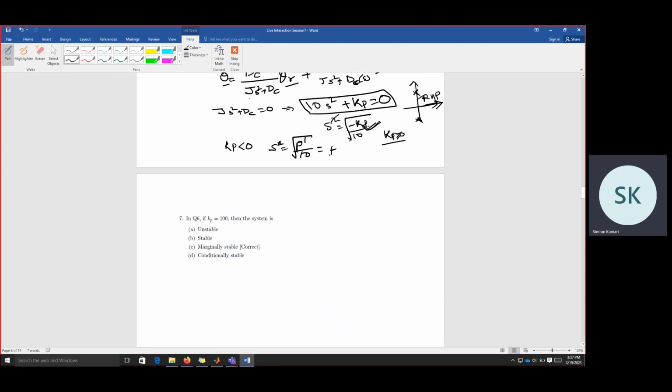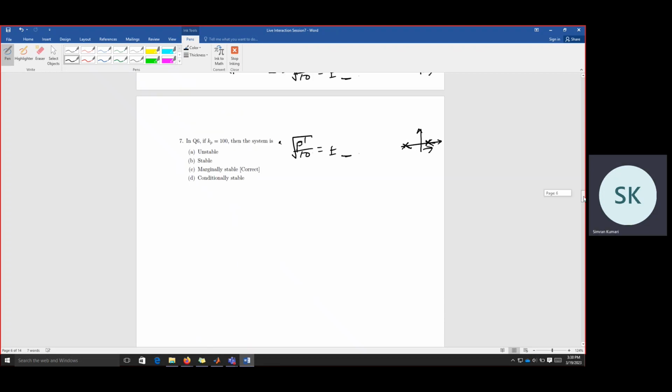This will give plus minus something. So there will be two poles, one in the right half plane and another in the left half plane. So always for Kp less than 0, we have one pole in the right half plane. Therefore, the system is unstable.